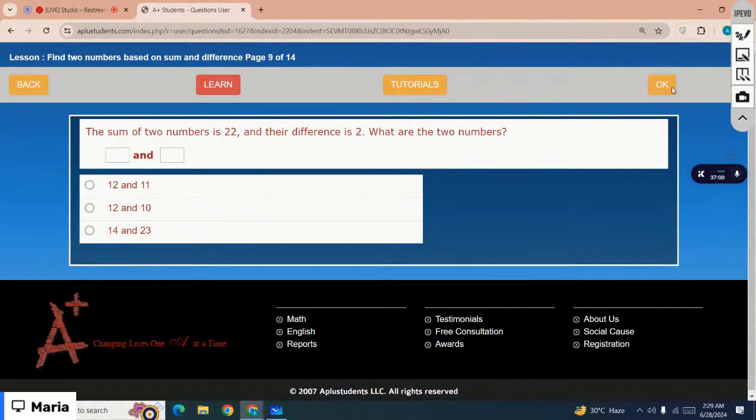The sum of two numbers is 22 and their difference is 2. What are the two numbers? Which is the correct option?